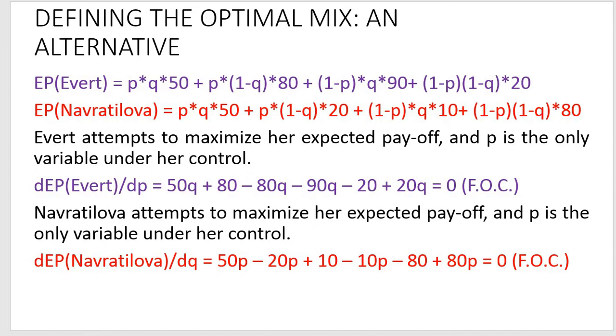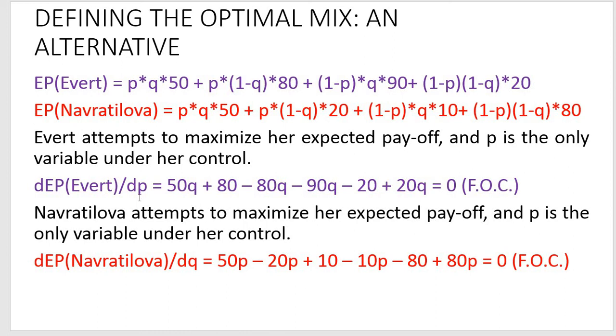Okay, so actually there are some alternative methods to define the optimal mix. What you can do, for instance, is to apply the first order condition to maximize the expected payoff for Navratilova and Evert. So in this case, you have to take the partial derivative of Evert's payoff function with respect to p.